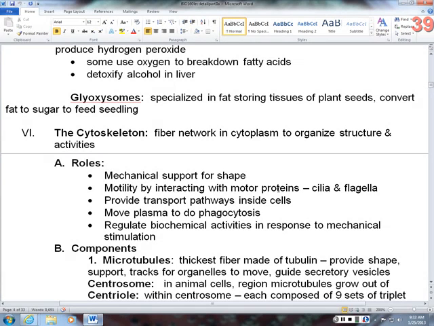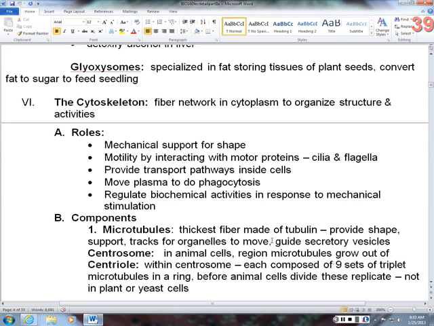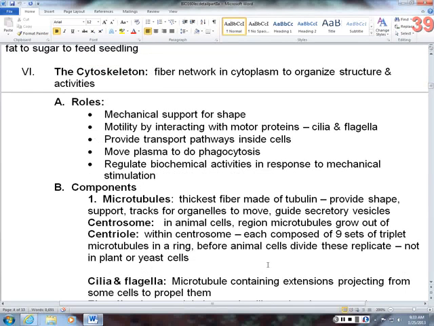There are some plants that, when you poke them, shoot out little things at you. A lot of cactuses have things like that. This helps with those mechanical activities when you irritate a cell to have it respond back. So the components of it: you've got microtubules.